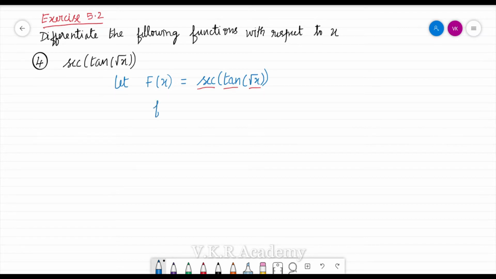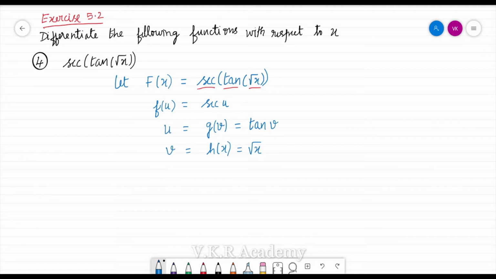Let small f of u be secant u, where u is equal to g of v, that is equal to tan v, and v is equal to h of x, that is equal to root x.